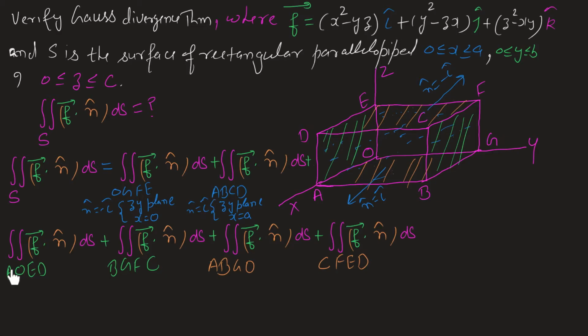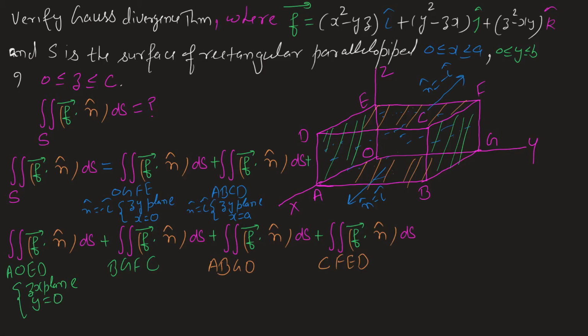Now next move to AOED. This is the ZX plane. So in the ZX plane, y is 0.